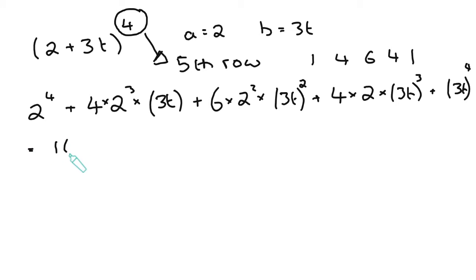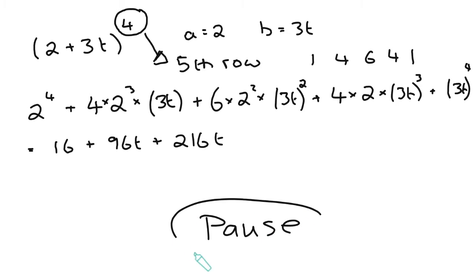You should end up with 16 plus 96t plus 216 t cubed. What? No, I read that wrong. Oh, hang on. Pause. So I've got to go back and do this. What's that term? I'm being an idiot here.